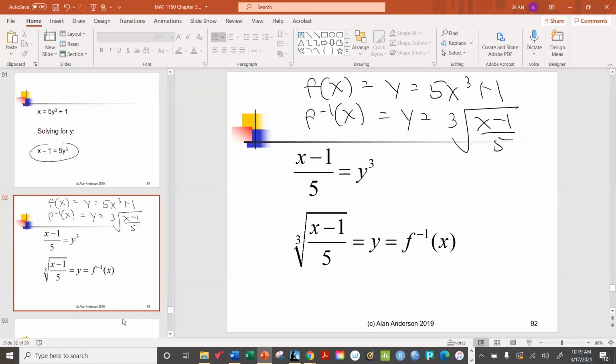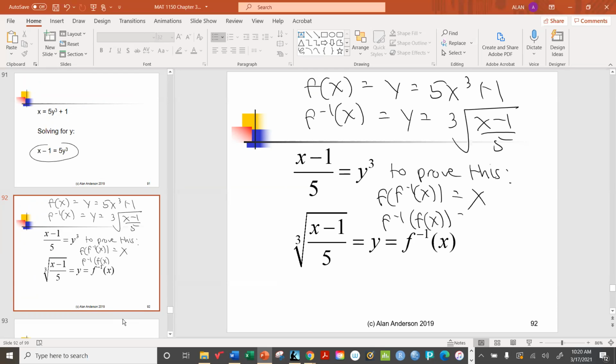You can certainly prove it. Remember, to prove it, you must demonstrate two things: f of f inverse of x equals x, and f inverse of f of x equals x. So right now we're not doing that, but if you were to try to prove it, this is what you would have to do.